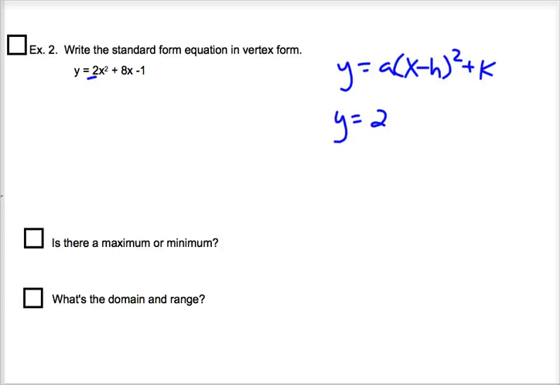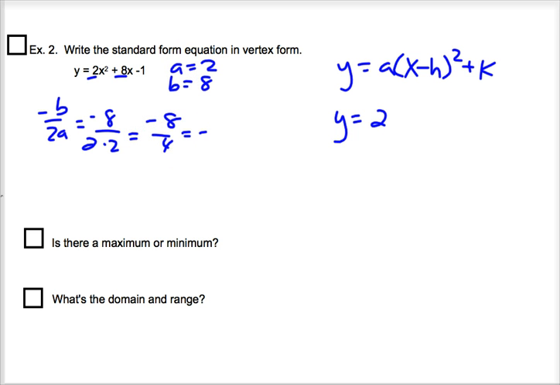Now I need to find h and k. How do I find h? Well, I know that h in vertex form is the same as negative b over 2a in standard form. So negative b. Well, b is 8, so negative b is negative 8, over 2a. 2 times a is 2, so we have 2 times 2.